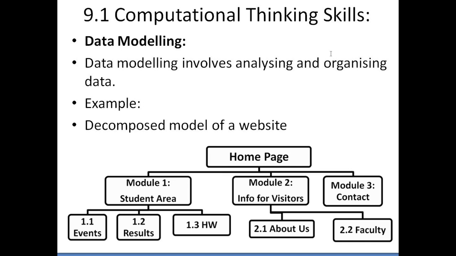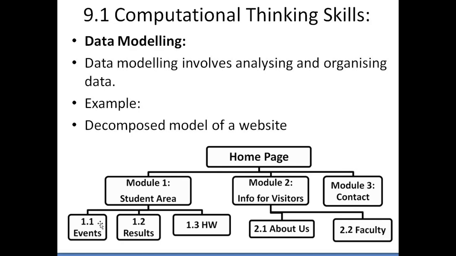Next we have data modeling. Data modeling involves the analysis and organization of data. For example, here is a structure chart for a website, which is also a decomposed model for a website. There are three modules, as you can see. The first module is the student area, then we have information for visitors, and the third module is contact us.